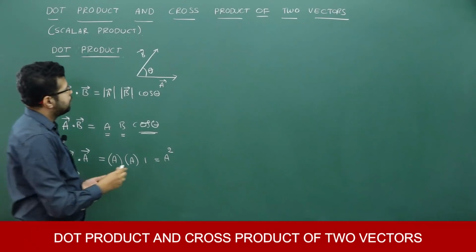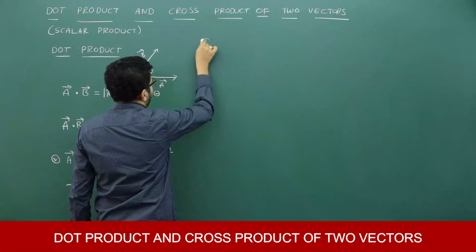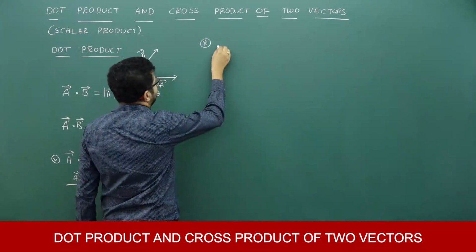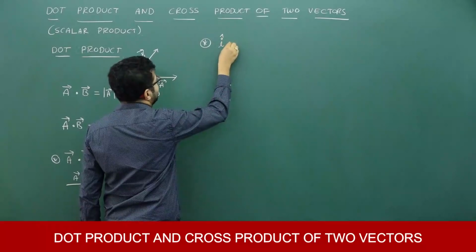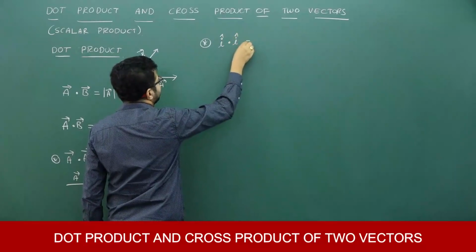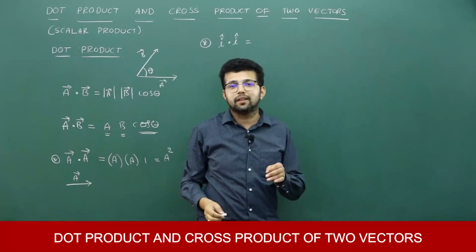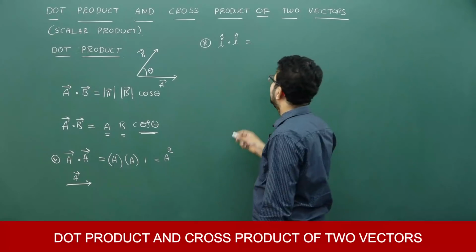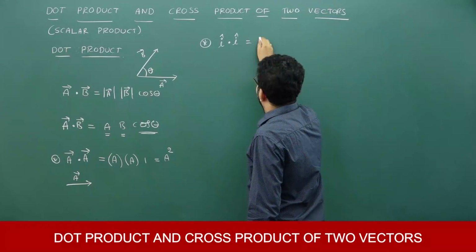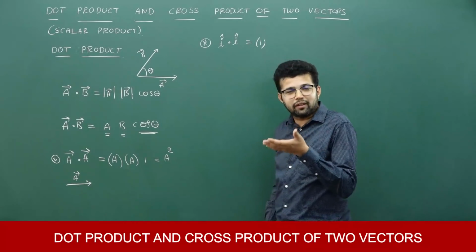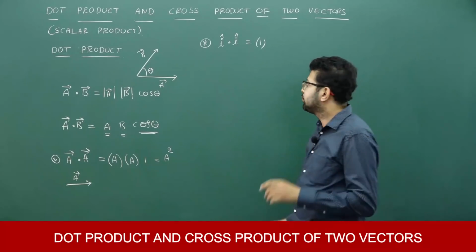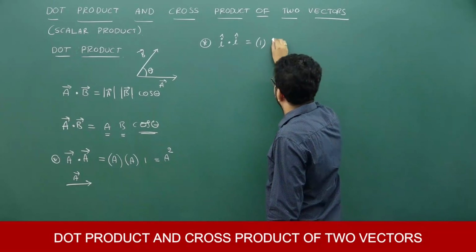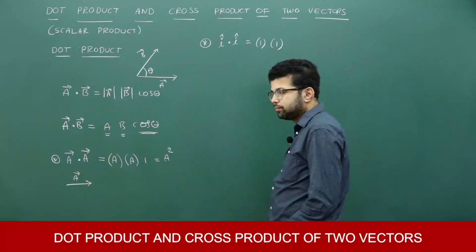Then what happens if I find the dot product of I cap dot I cap? What is I cap? I cap is a unit vector along the x axis, that we have seen in the previous session. Since I cap is a unit vector, its magnitude is 1. So, magnitude of I cap into magnitude of I cap is 1.